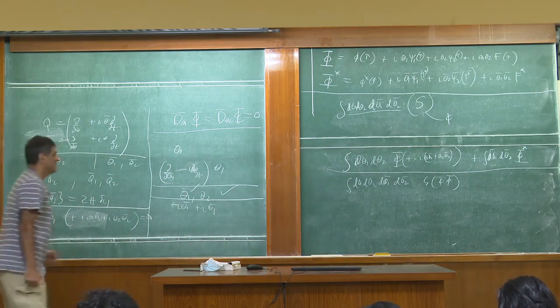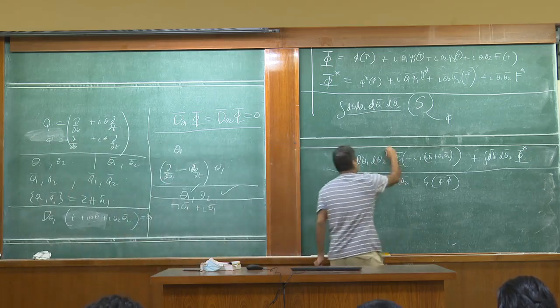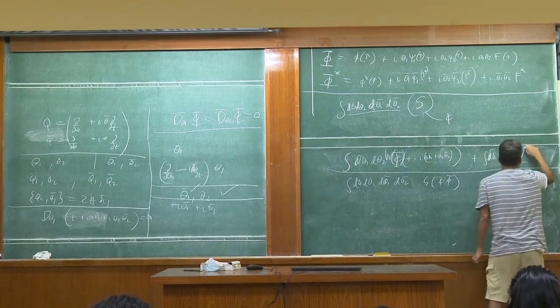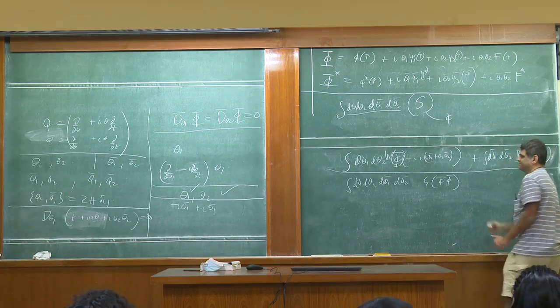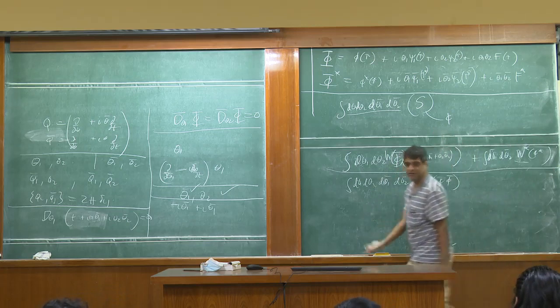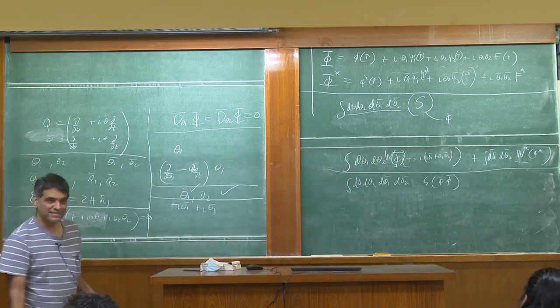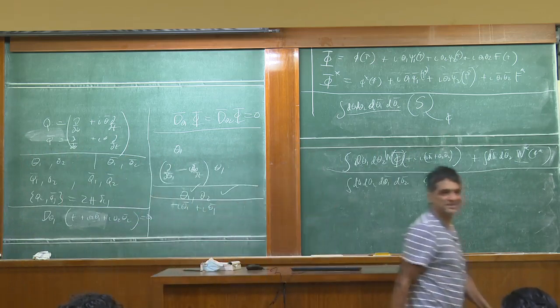This plus W of phi, any function here, plus W star of phi star will be the most general Lagrangian we can write down using chiral superfields that is supersymmetric.